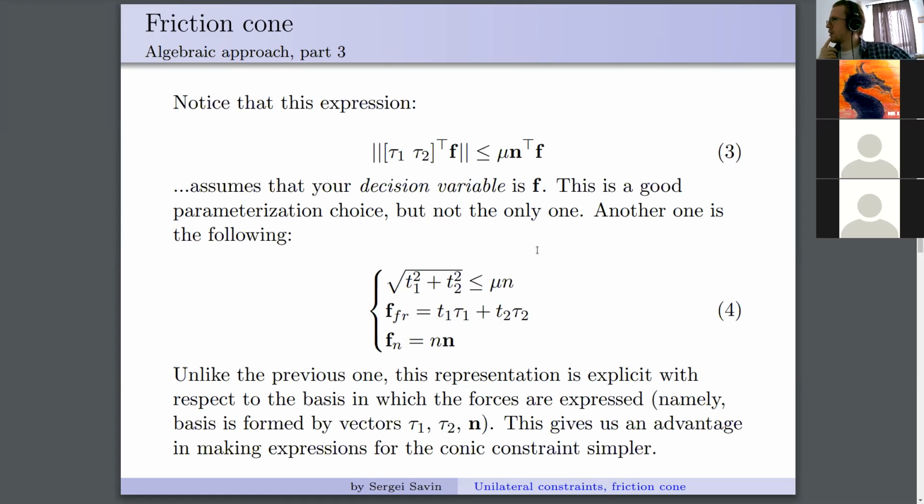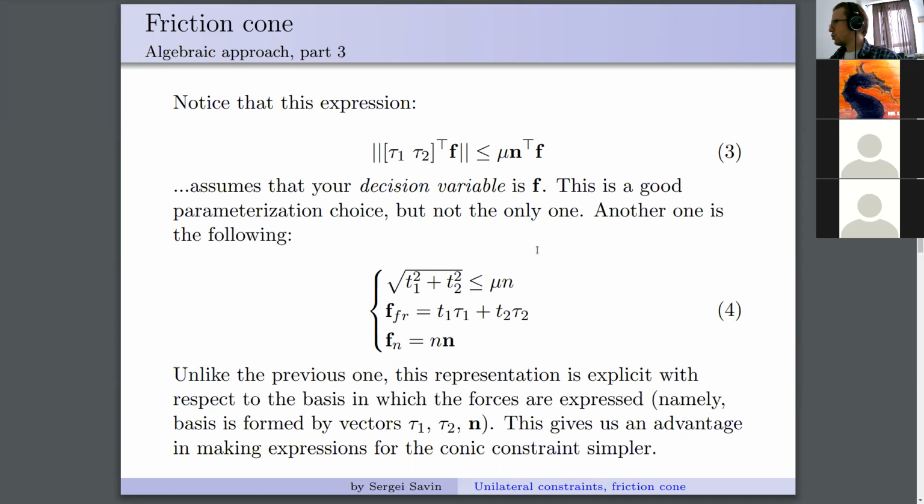Whereas in expression number 4, those same constraints become constraints on T1, T2, and N. So you say square root of T1, T2 should be less than mu times N. And then you can retrieve the friction force and normal force from the second 2 lines in expression number 4. But those retrievals are just if you need to use them. If you don't want to use those things, you can just leave them be. Okay. Yeah. Now I see.